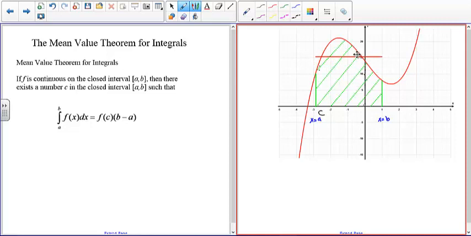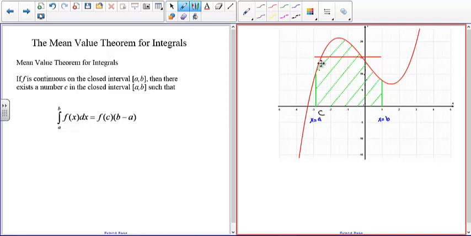So what I'm looking for is this area here, which is above the horizontal line but below the red curve. I'm trying to set that equal to the area that would be in this little bit and the area in that little bit. So I'm going to guess it's probably somewhere around here, between those two. So what is c that makes that happen?